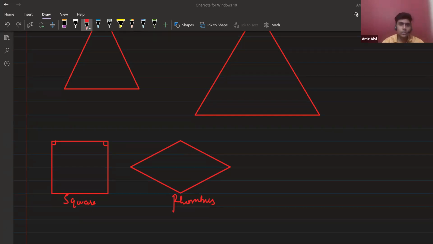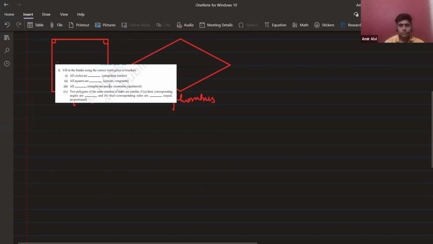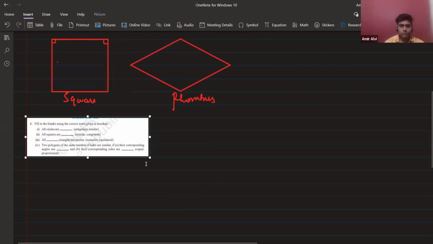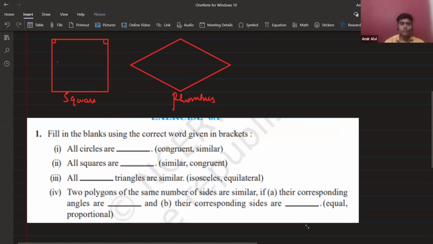It's a straightforward question, since there is not so much in the introduction to similarity. Yes, Adil, let's do this together.